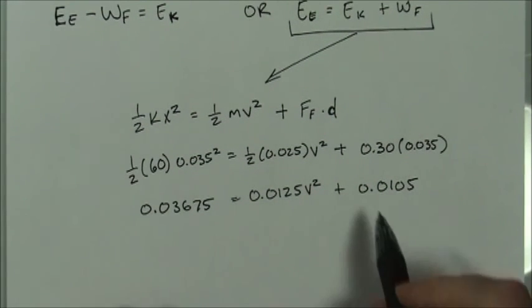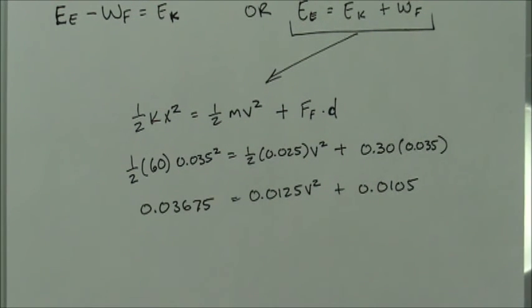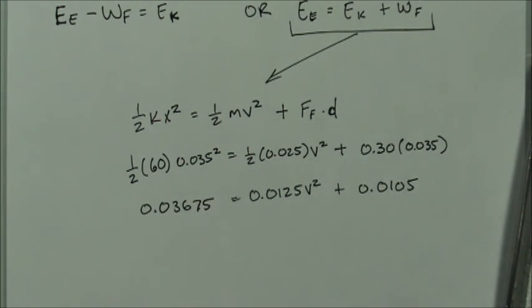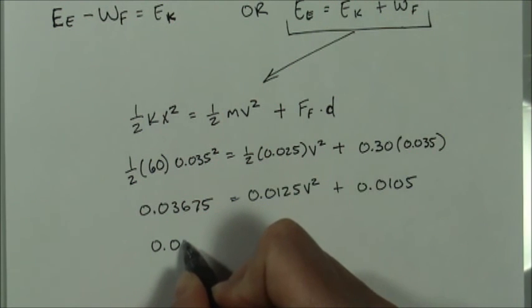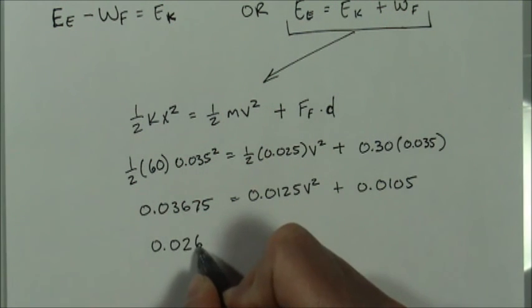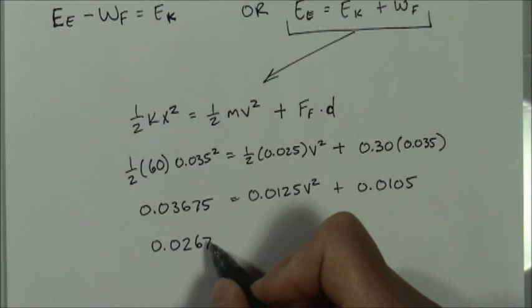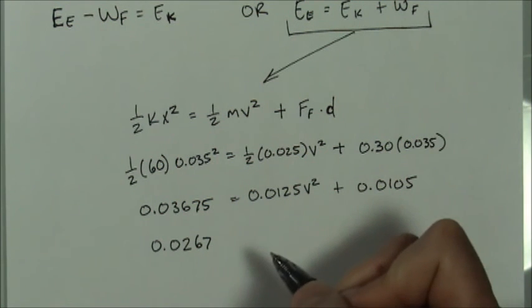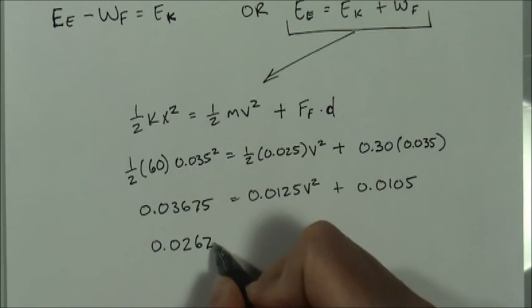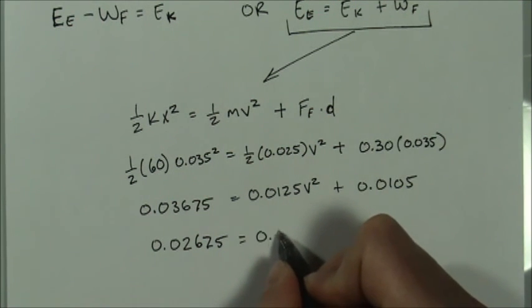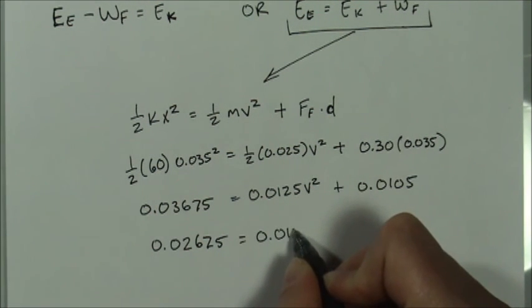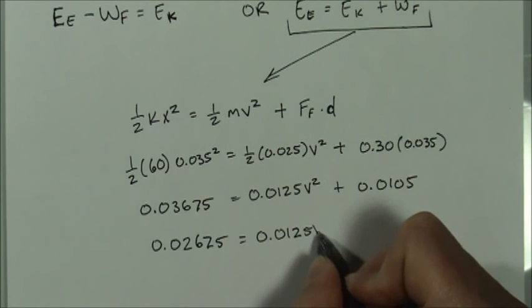Okay, so all I'm going to do is first move this over to the other side by subtracting that. And so that leaves me with the left side 0.02625, and that is equal to 0.0125 v squared.